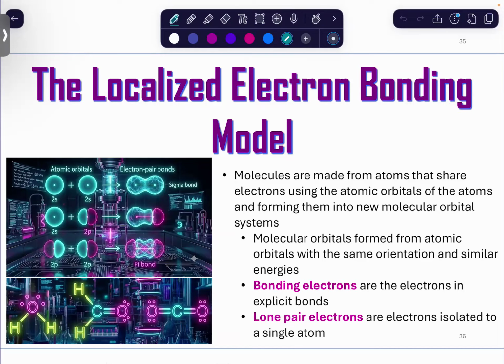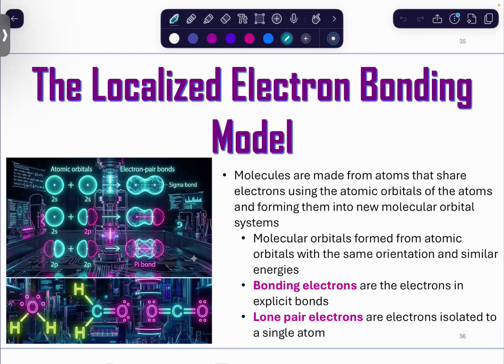In molecules, electrons are going to be in their specific orbitals. Orbitals are going to have to line their phases up.